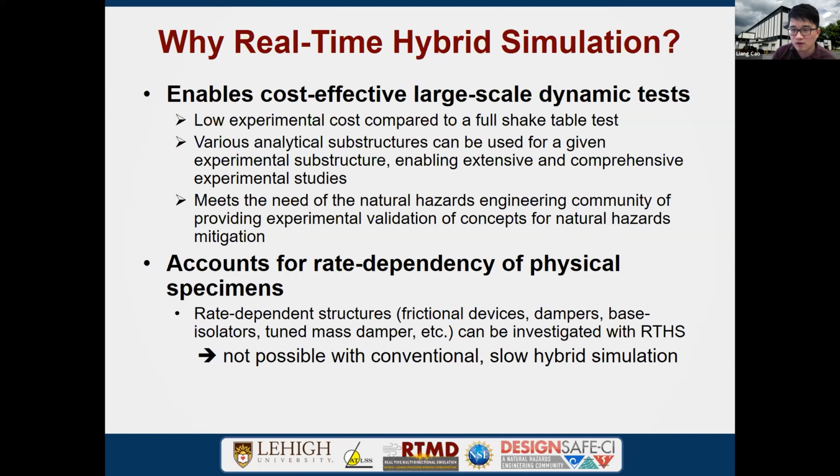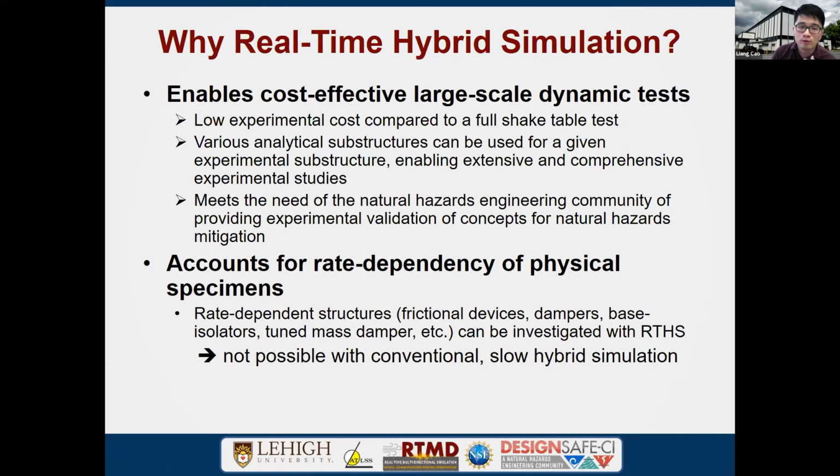For example, you can install the same viscous damper in a full high-rise building, a low-rise building, or on bridges, and conduct different types of simulations, earthquake and wind, which meets the needs of the natural hazard engineering community.